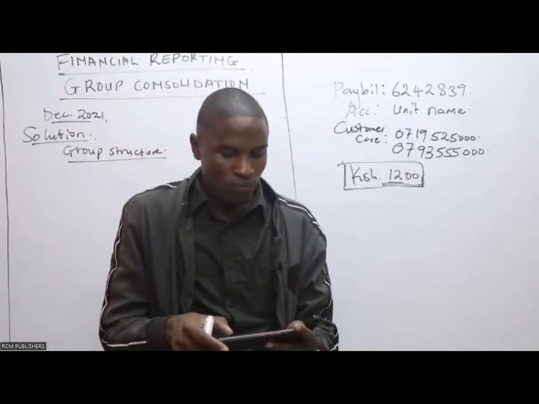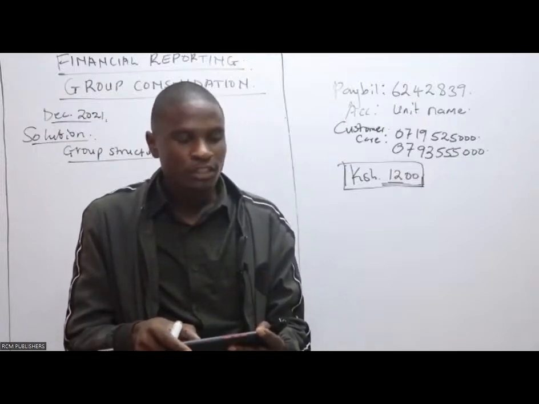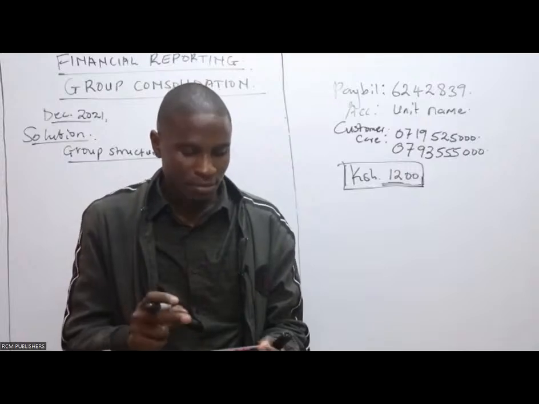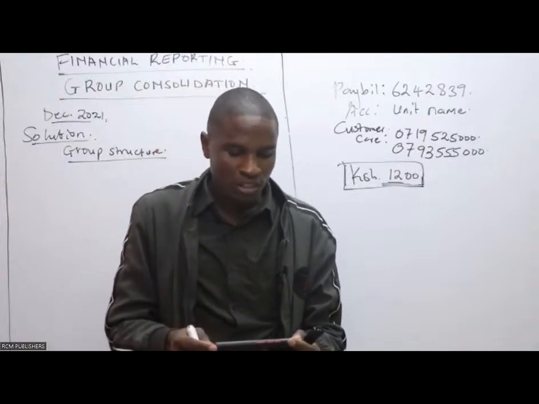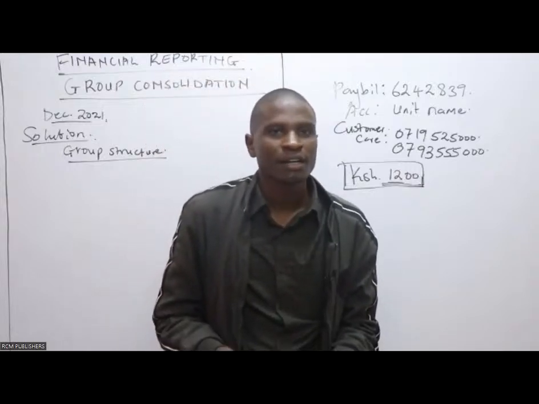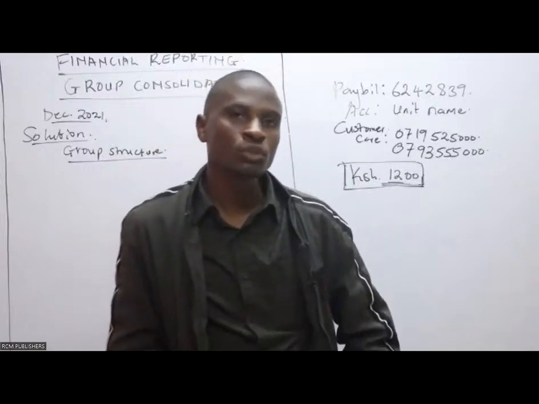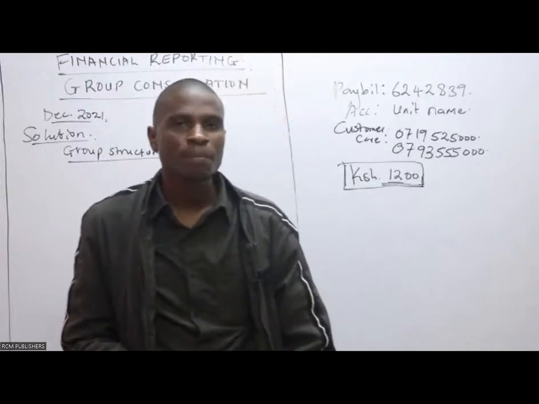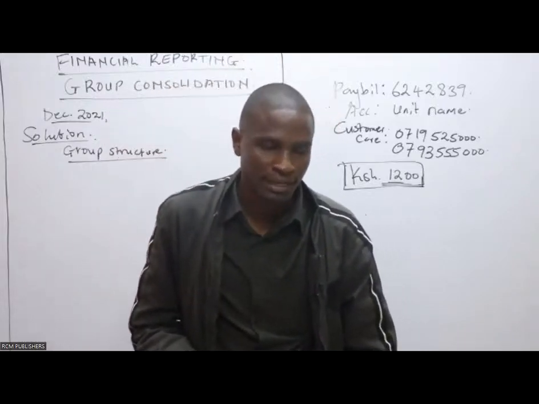So let's look at the information given at the start. We are told on 1st January 2021, Langi Limited acquired the following in Zuri Limited. 80% of ordinary share capital of Zuri Limited. Now tell me, between Langi and Zuri, which is the parent company and which is the subsidiary company?